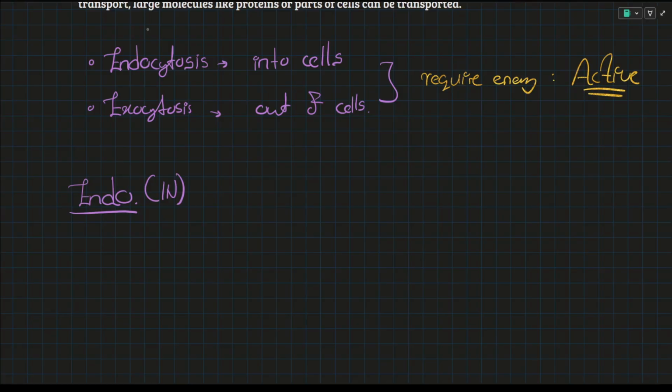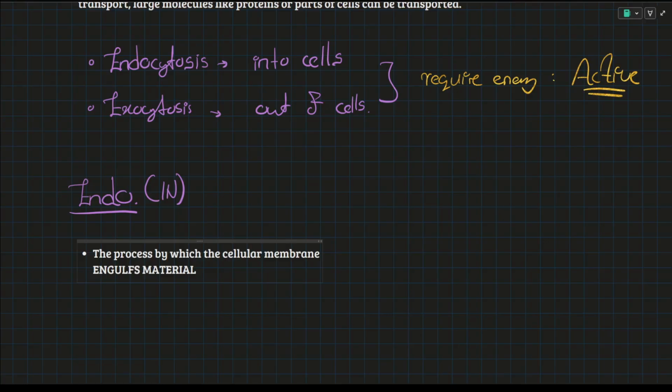Definition: endocytosis can be defined as the process by which the cellular membrane engulfs material, forming a sac around it. When this happens, we call this an endocytic vacuole. A small demonstration.